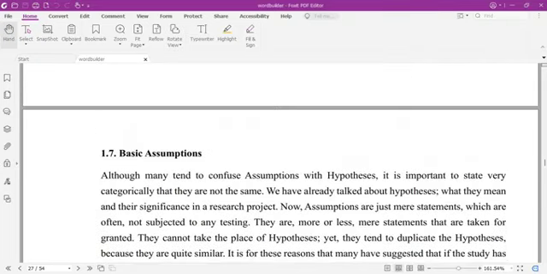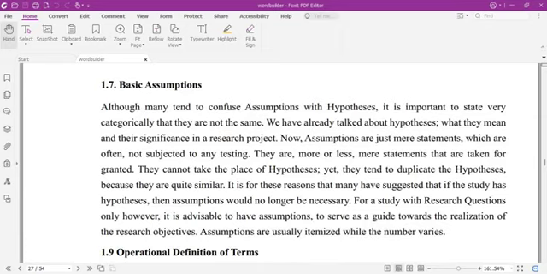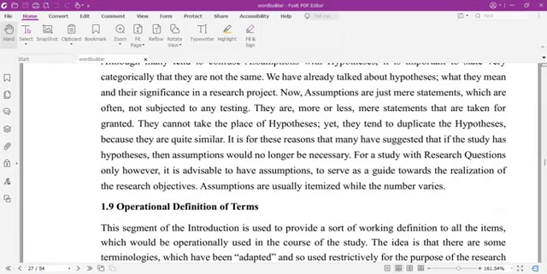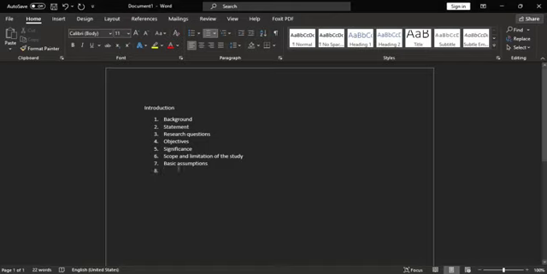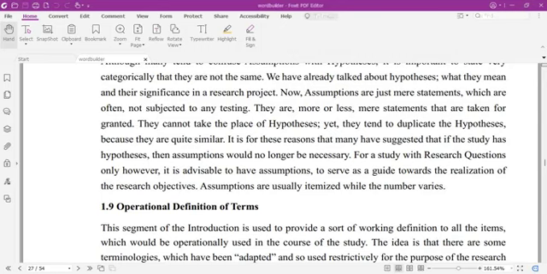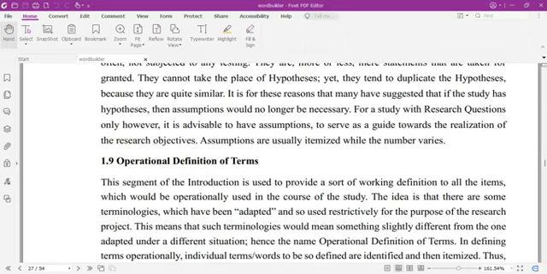This should be 1.8, not 1.9. Operational definition of terms. Okay, operational definition of terms.